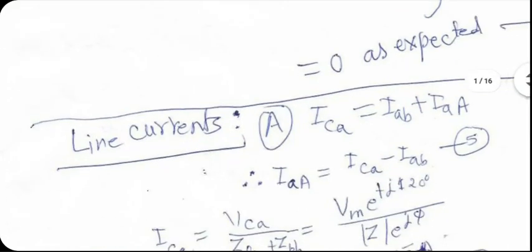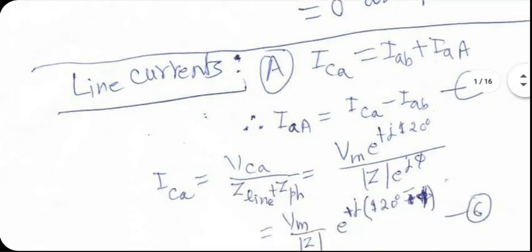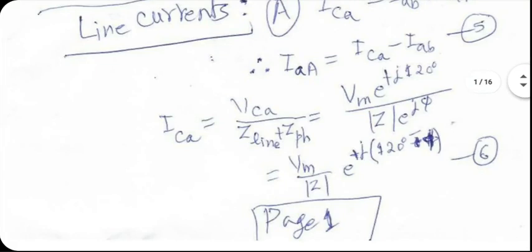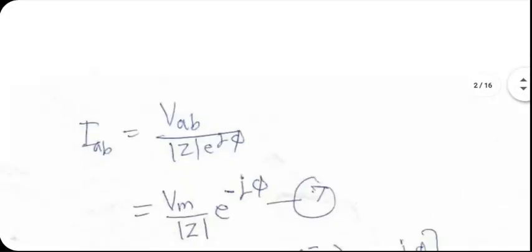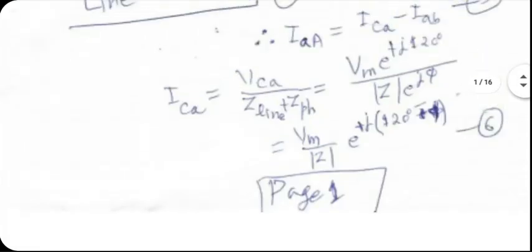KCL at node A, node small a. That's what I'm doing here. Okay. Then I plug in the values of ICA and ICB, which are fairly straightforward, and simplify the result. Again, a lot of complex algebra is involved.